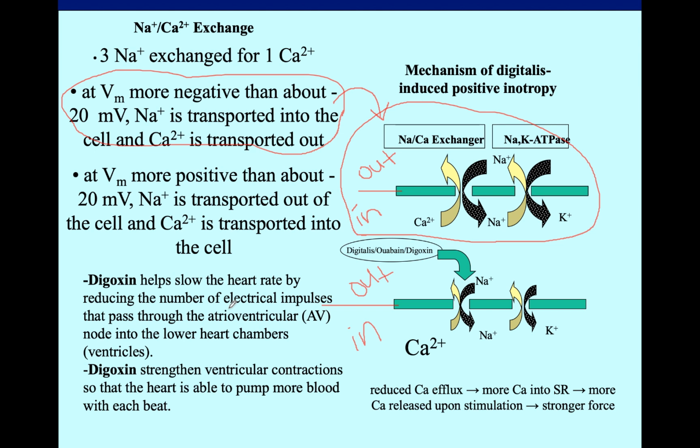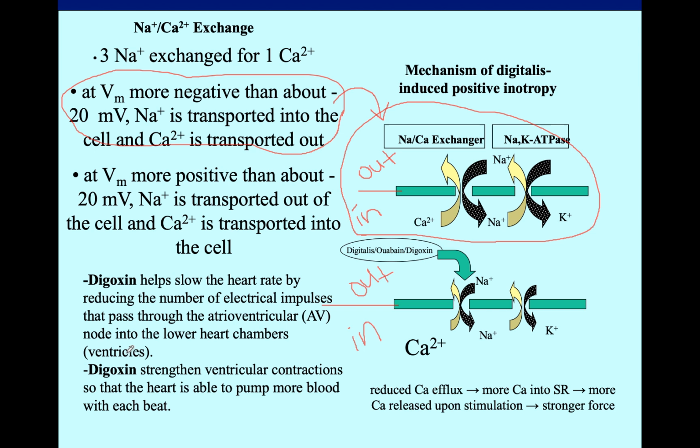If you recall, the direction of movement of voltage is SA node to the AV node to the bundle branches and up and around through the Purkinje fibers. If we can reduce the number of electrical impulses that travel from the AV node to the Purkinje fibers, you'll be able to decrease the person's heart rate. The mechanism of this is not something that we are going to go over in this particular class.